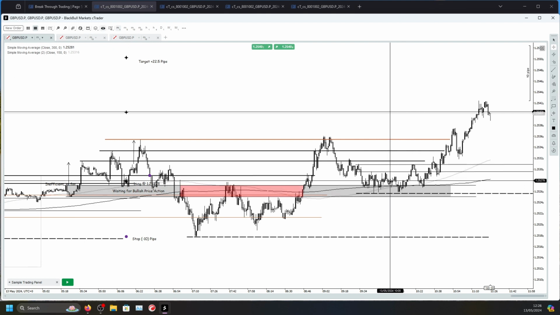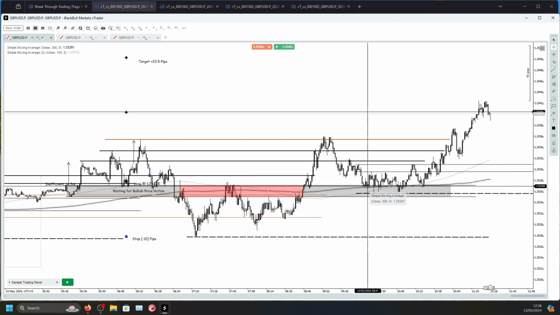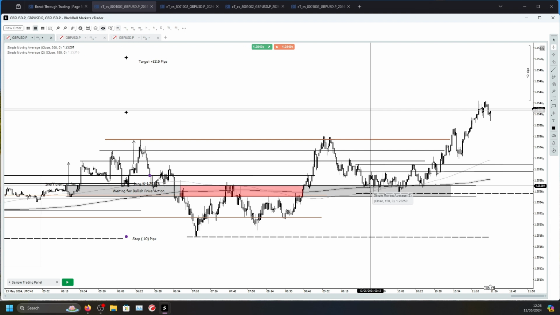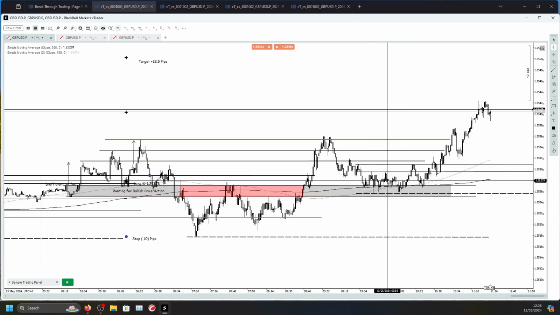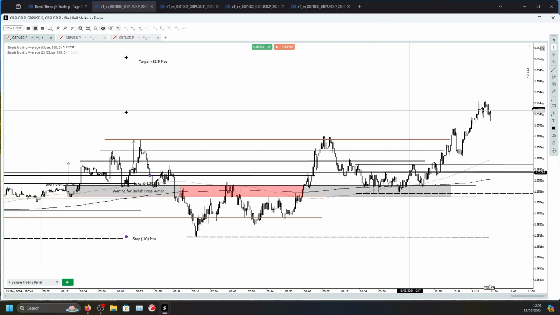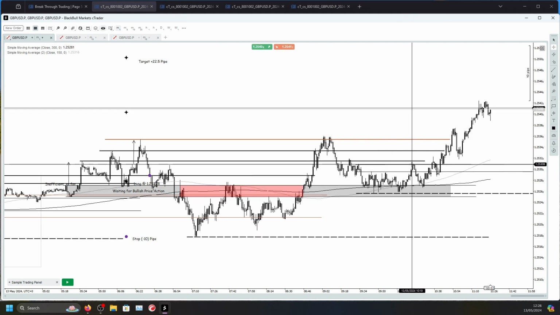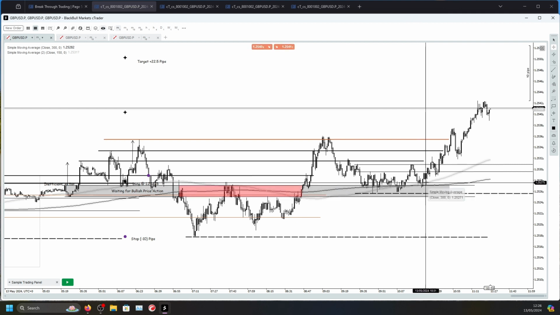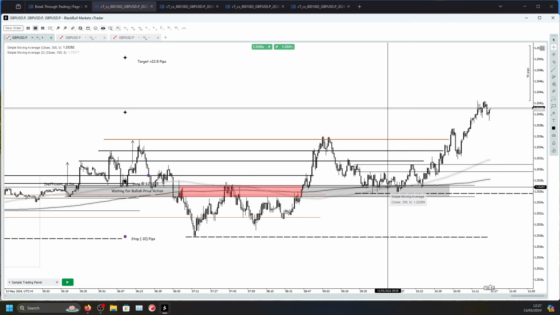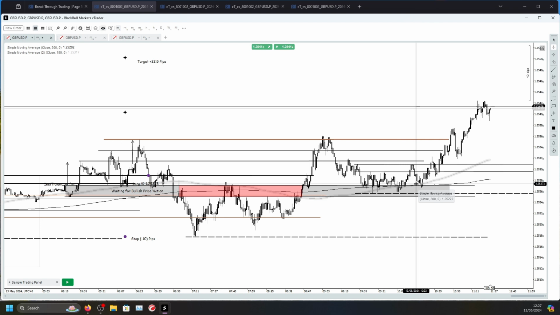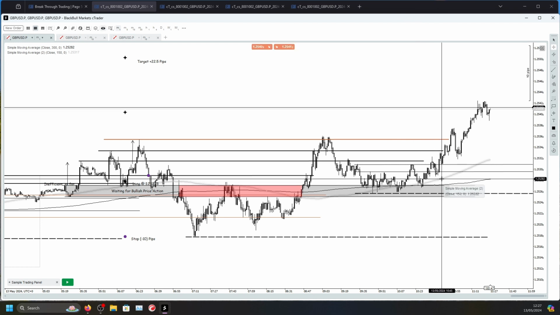Especially once you see multiple tests of this level, especially after that one where price broke out, made a new micro high there, comes back in, and then we get this bullish candle going out. If I hadn't gone long somewhere in here, then I would definitely be going long after that candle.